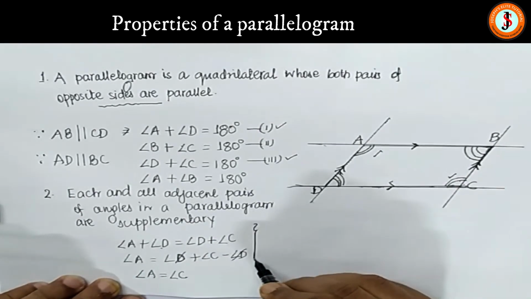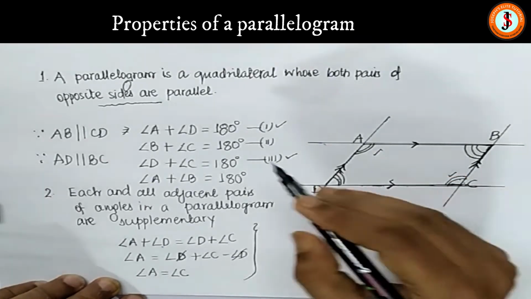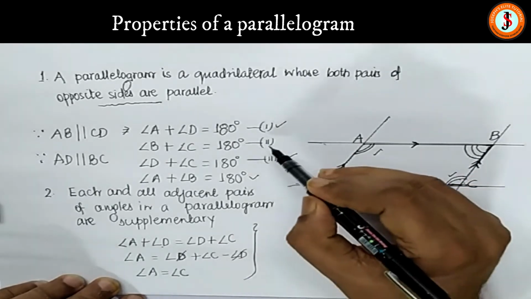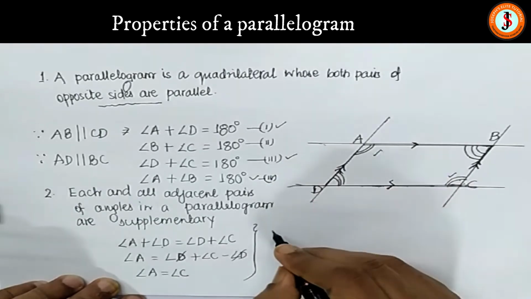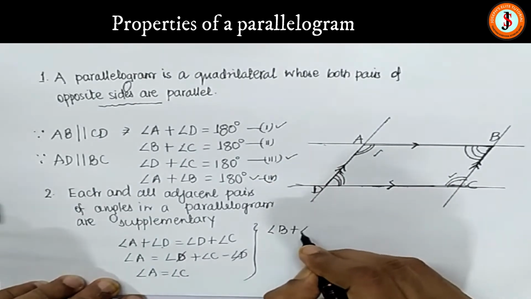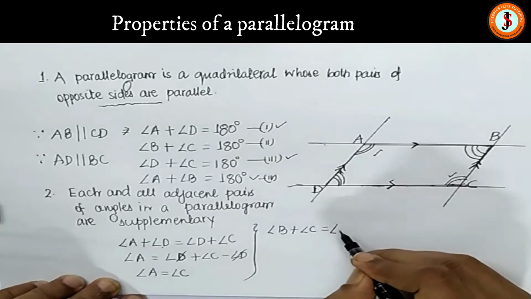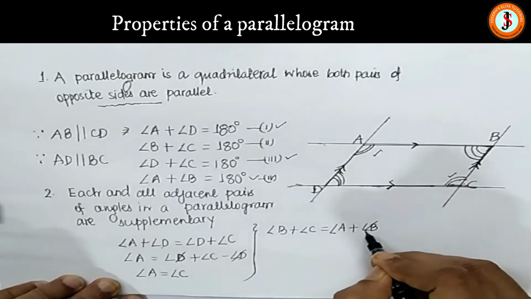Now again, same thing, if I say angle A is equal to angle C, now I go with A plus B is equal to B plus C. That means I go with equation 2 and equation 4. B plus C is 180 and so is A plus B. So I can write B plus C is equal to A plus B. B will go to this side and cancel.